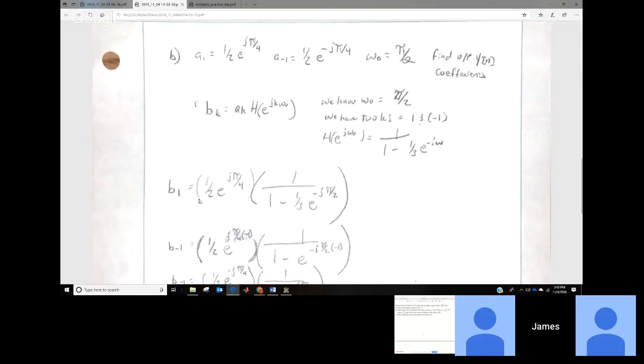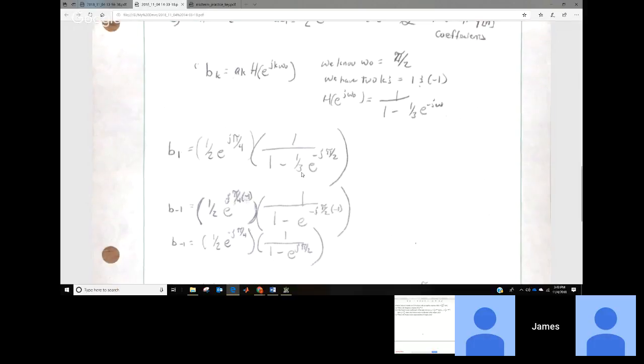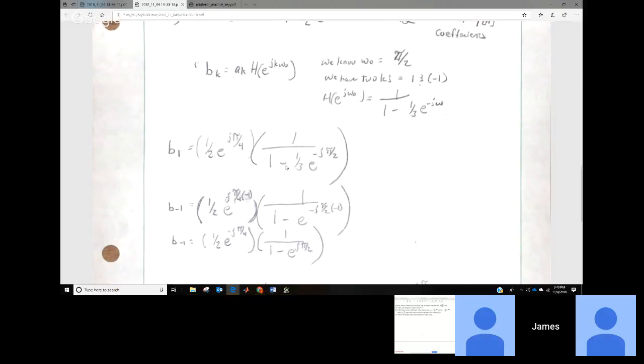So this is b_1, which is a_k, which is just 1/2 times e to the j pi divided by 4 times 1 over 1 minus 1/3 e to the negative j pi divided by 2. So this is k is 1 and omega equals pi divided by 2.